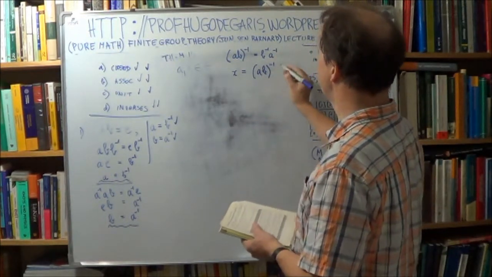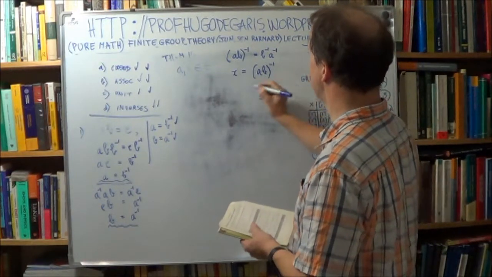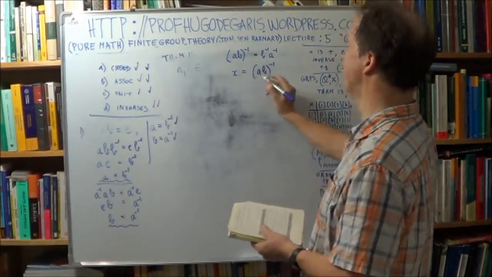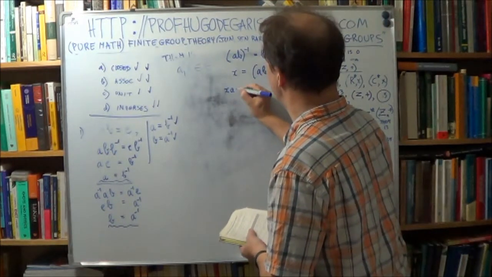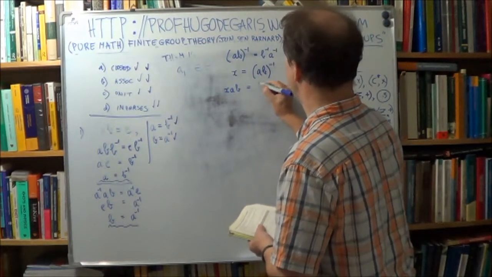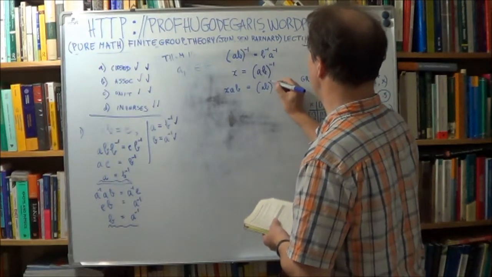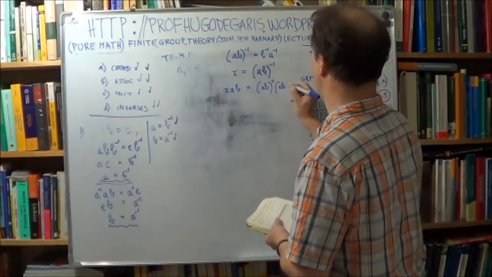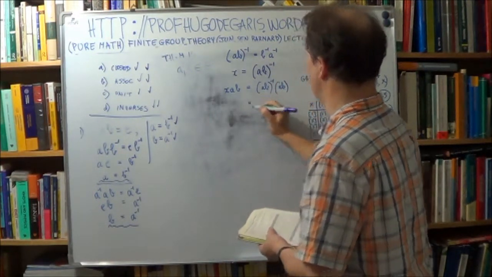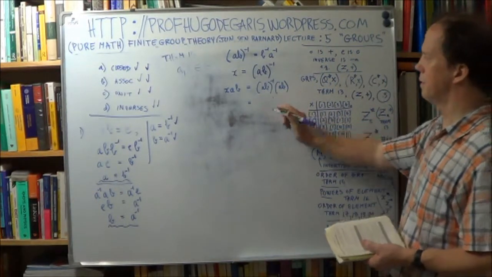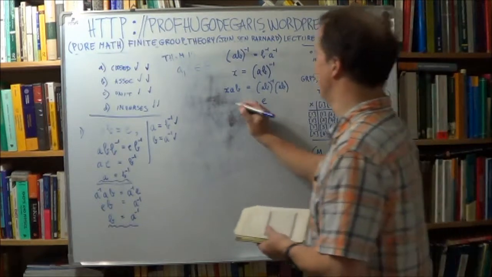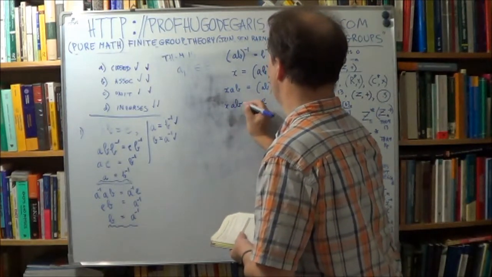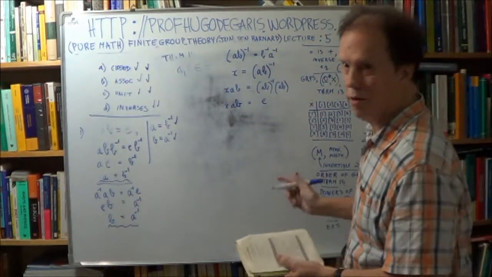Okay. So multiply both sides on the right by AB. So you'll get x AB equals AB inverse AB. Now whatever this is, you've got the inverse of it, so that'll just be E. Okay? So you've got x AB. Well, now you can probably see where I'm going with this.